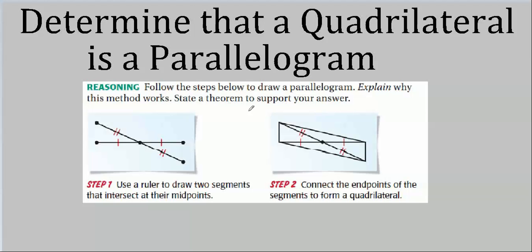Almost every theorem we have which tells you a fact about parallelograms can be used in the converse. And this is one of those. Remember, if we have a parallelogram and draw the 2 diagonals, they bisect each other. Now, we have a quadrilateral with diagonals that bisect each other, and it turns out it goes the other way too.